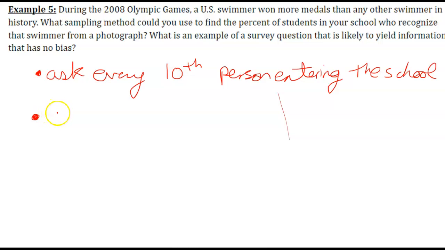For example, if I said, do you know who Michael Phelps is? People may say yes or no, and they may be wrong. But if we ask them, who is in this photo?